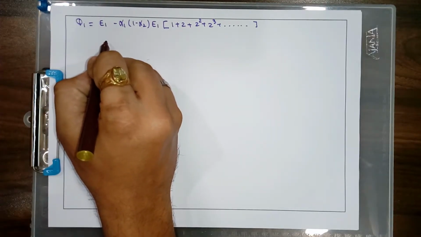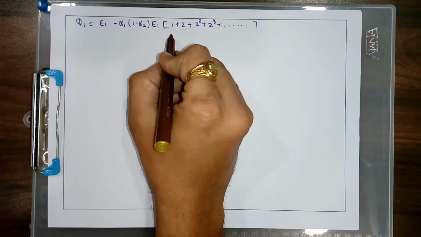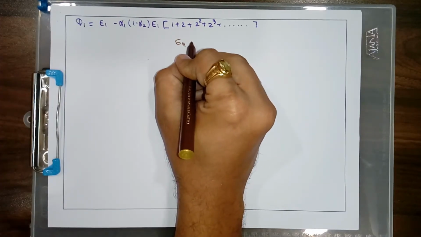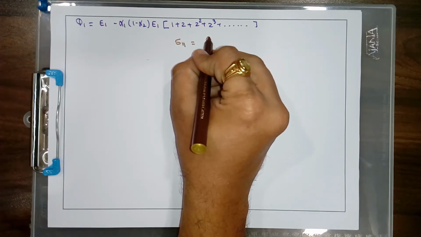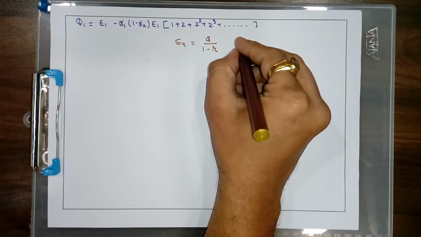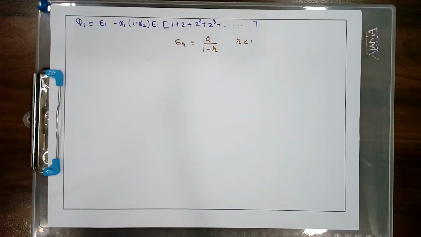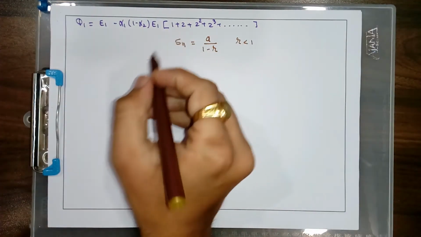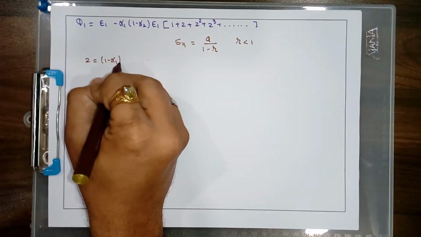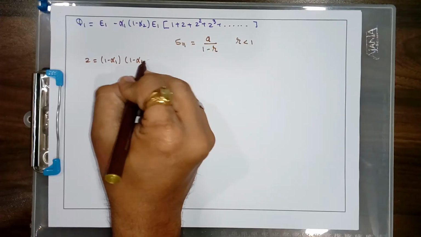We know that for a geometric progression, the summation of an infinite series becomes a upon 1 minus r, but r must be less than 1. So let's check the value of z: z equals (1 minus alpha 1)(1 minus alpha 2).